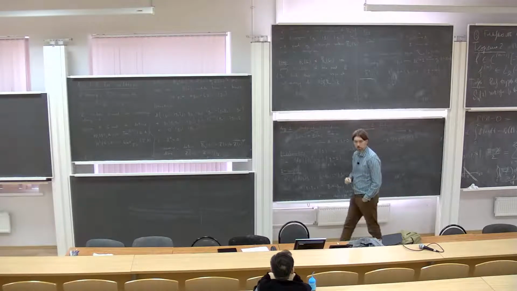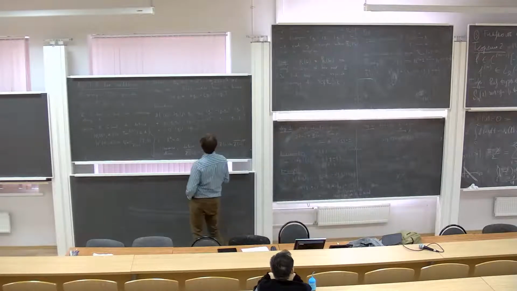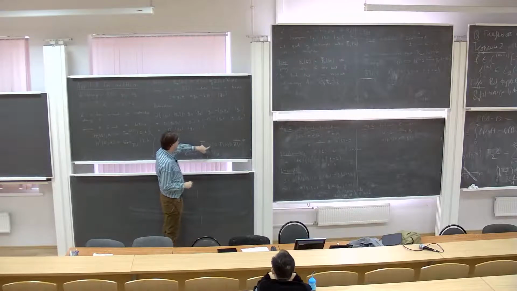So that's the reduced part. It's saying that it actually comes from a map out of this for n equals 2.